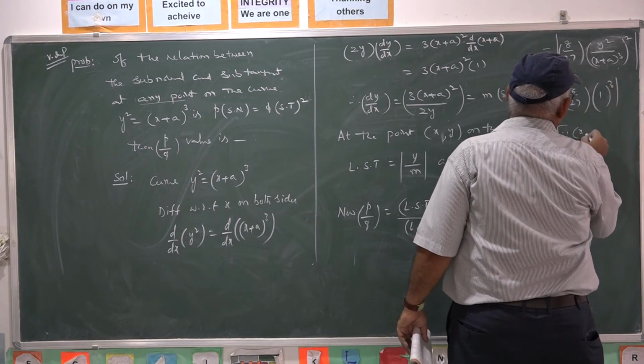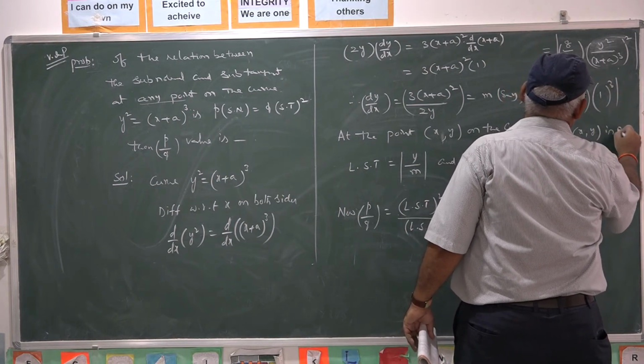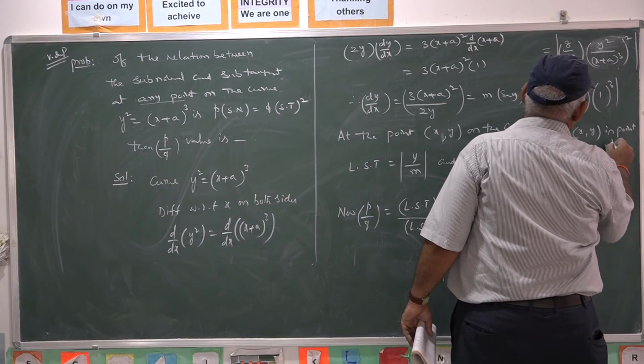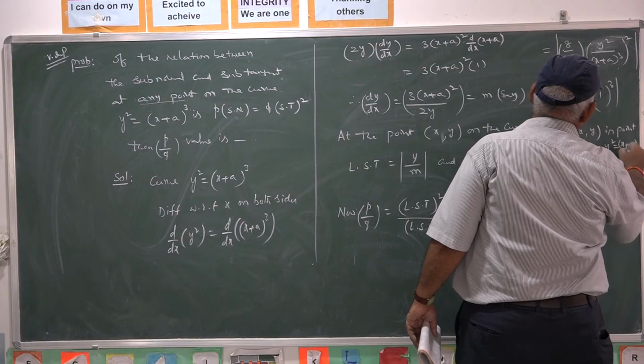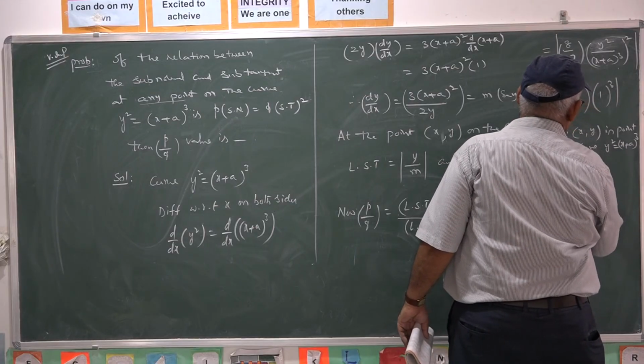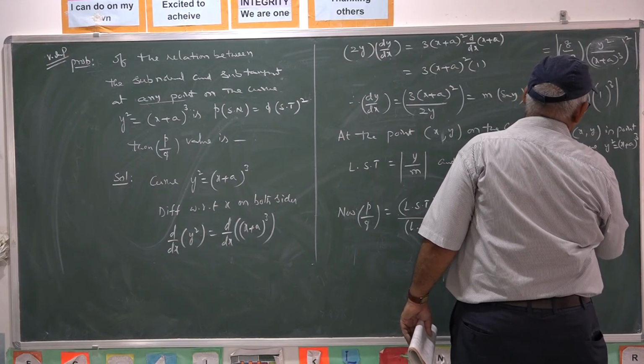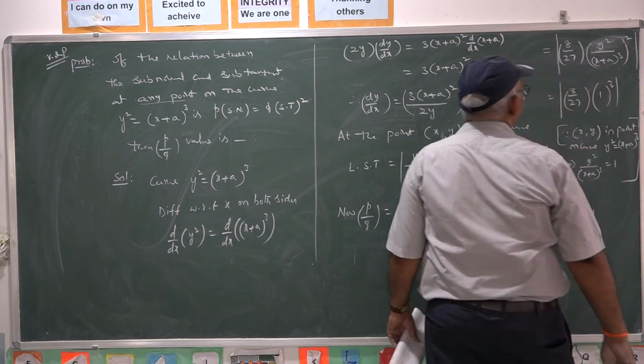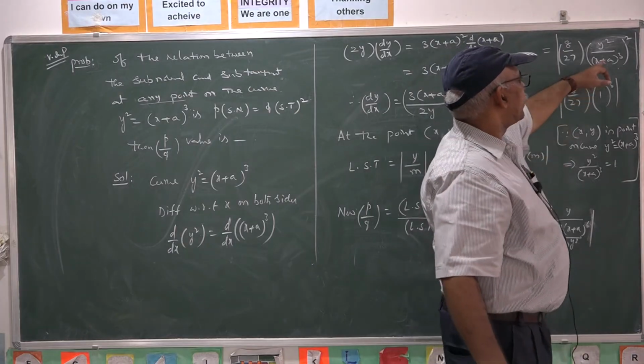Since x comma y is a point on the curve y square equal to x plus a whole cube, y square by x plus a whole cube is 1. So clearly this is 1.